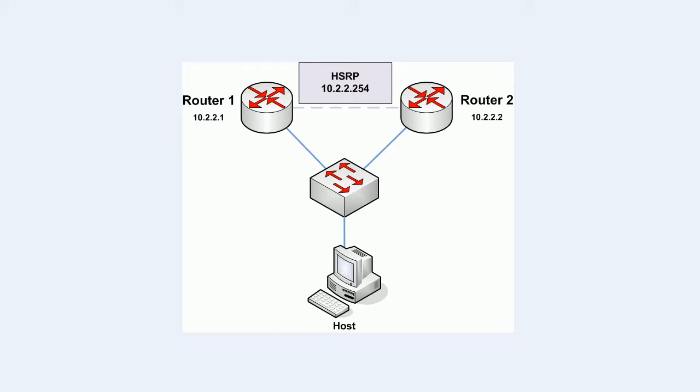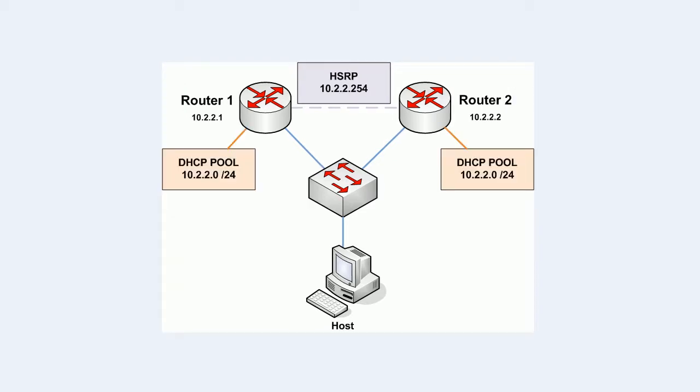And we statically assigned the host with an IP address on this network. You might have it as a DHCP device. So if hosts are picking up a DHCP address from the router, then that can be done, but it's not really wise to run DHCP and HSRP on the same device like that.